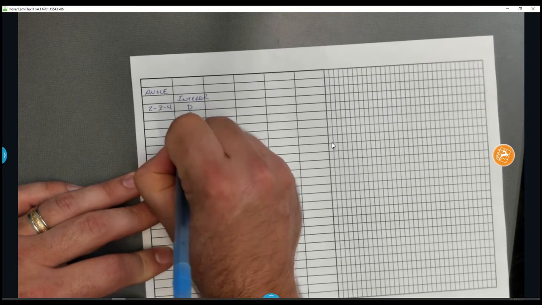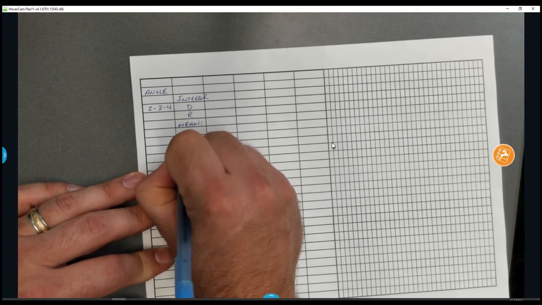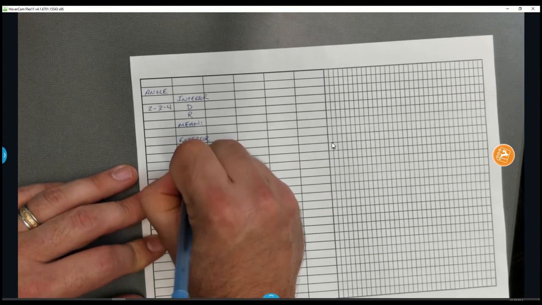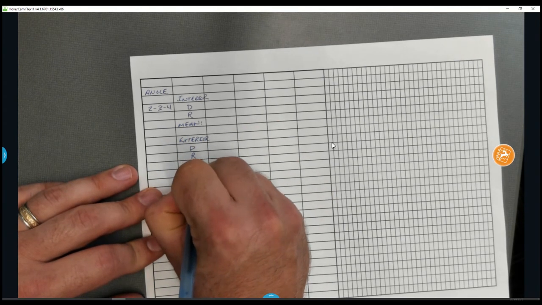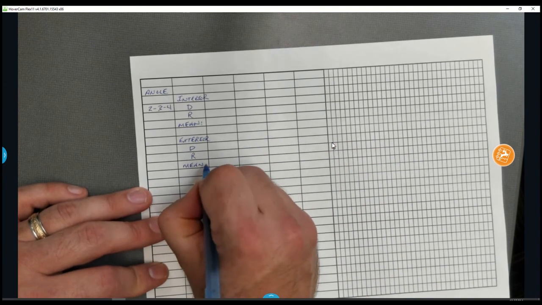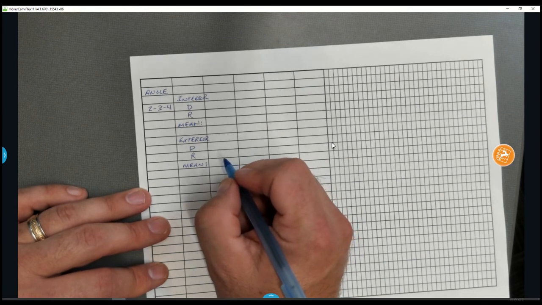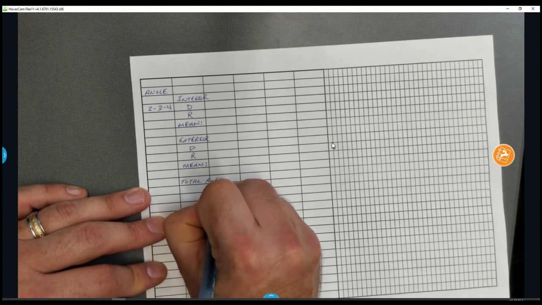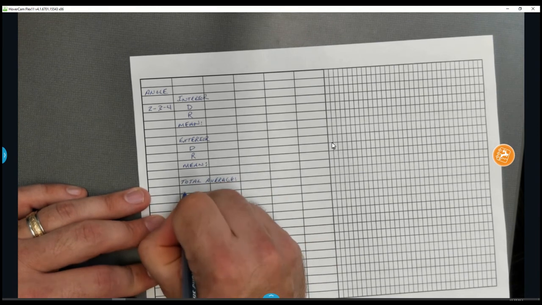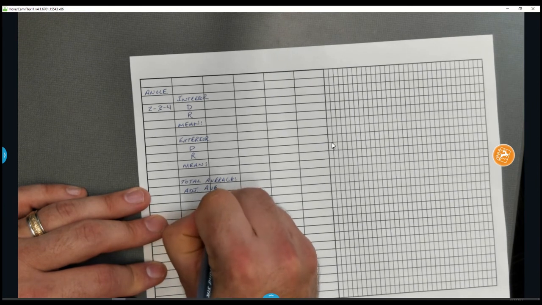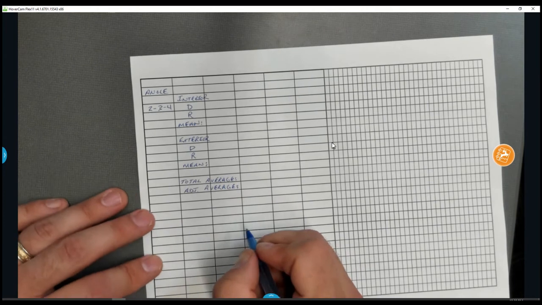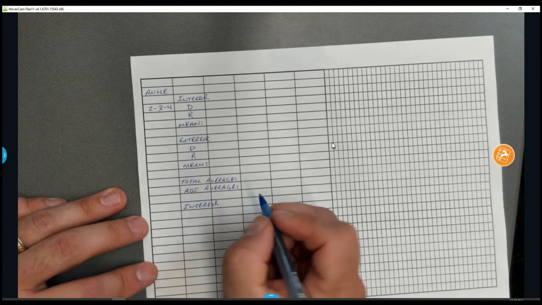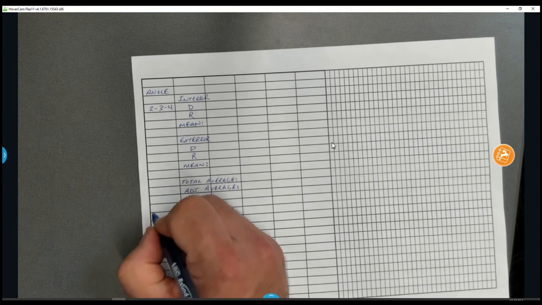Direct, reverse, mean, exterior, direct, reverse, mean, okay, then the total average, and the adjusted. All right, so figured that one out.